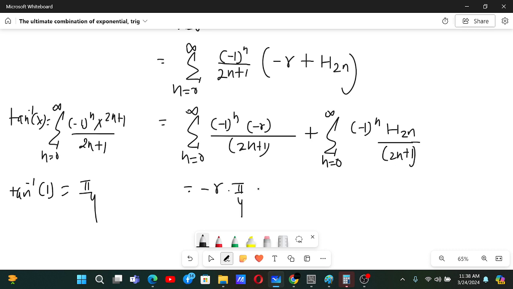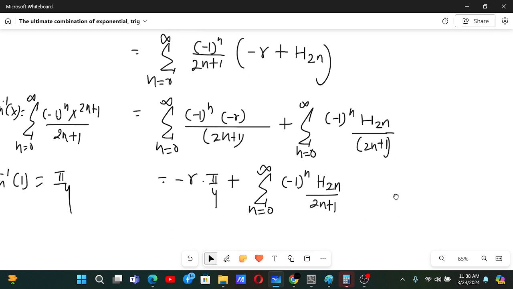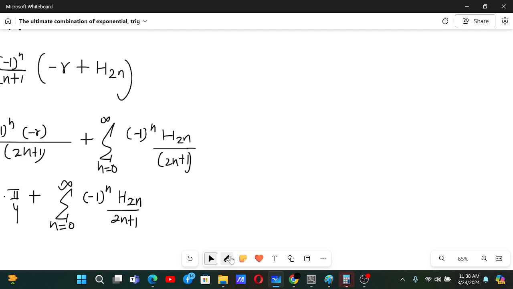Now let's see what the other expression will evaluate to: the sum from n equals 0 to infinity of (-1)^n H of 2n by 2n plus 1. We will begin with the generating function of the skew harmonic number with base 2n.